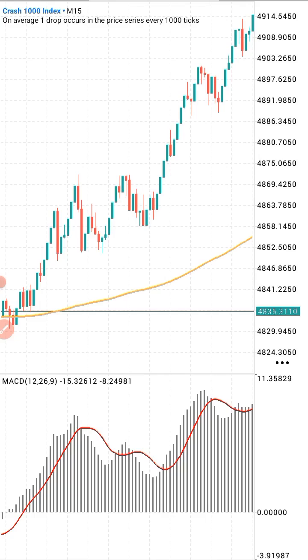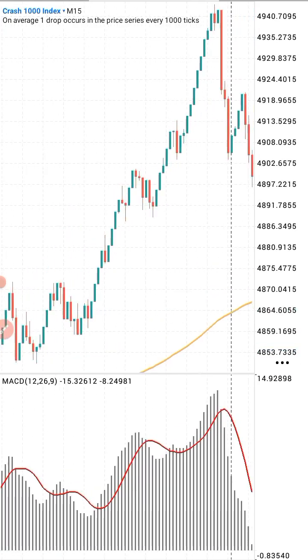Now, once you see this, you are going to wait for a retest, wait for the price to return to hit that identified zone of resistance or support again before you use your MACD for an entry point.